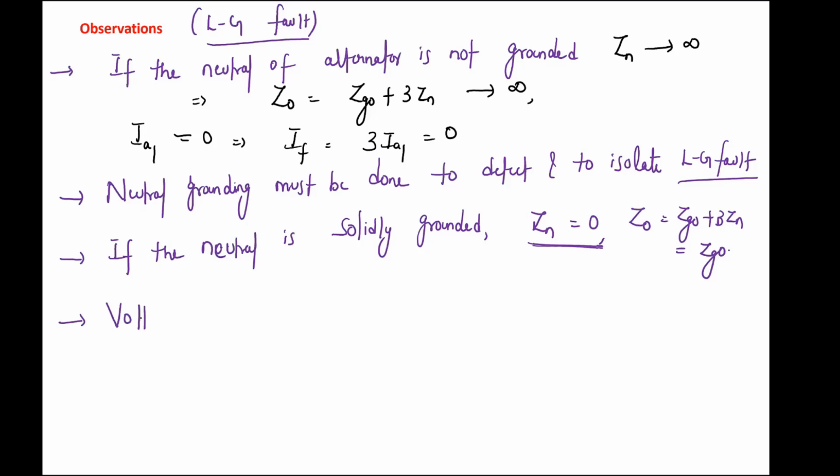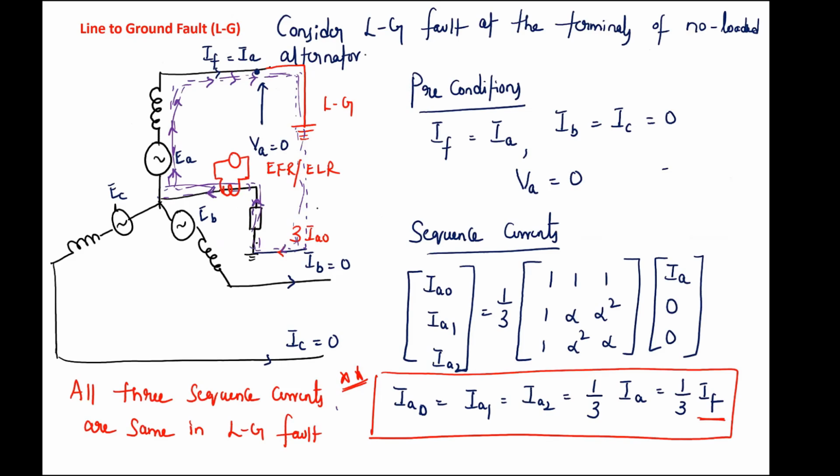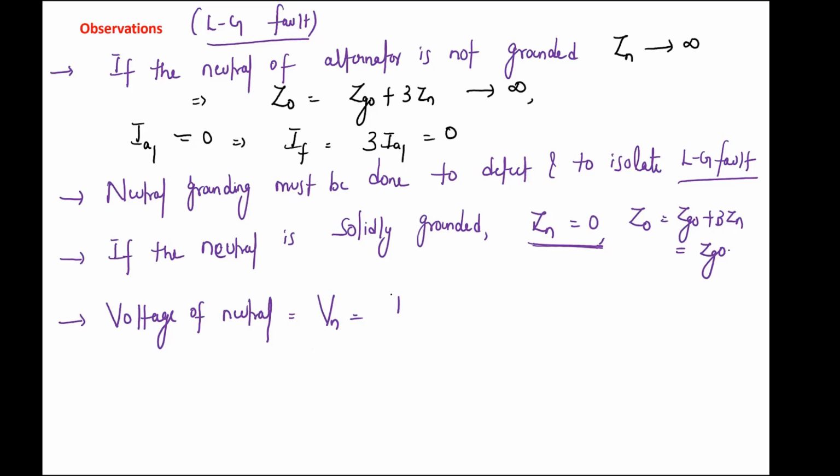The third point is the voltage of neutral. The voltage of neutral is given by, what is the current flowing through the neutral here? The total fault current returns through the neutral. So since we know IF into Zn, that is the magnitude of neutral voltage.